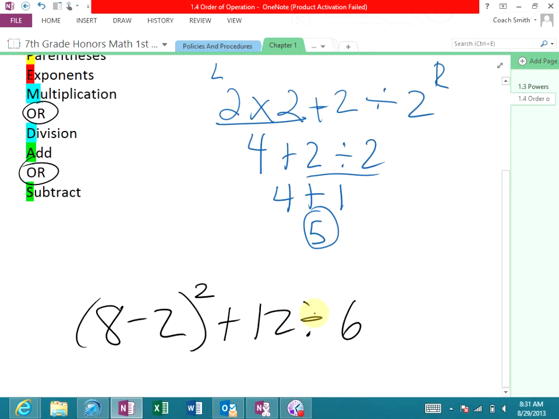Okay? Do that one on your own in your notes, and let's see when everybody gets the answer. When you get the answer, go ahead and raise your hand. Okay? 8 minus 2 in parentheses raised to the second power plus 12 divided by 6. And if you're following along in your books, you can go ahead and open up your book to 1.4. That way you can see which problems we're doing, so you can make your little notes just so you know which problems we've done in class.